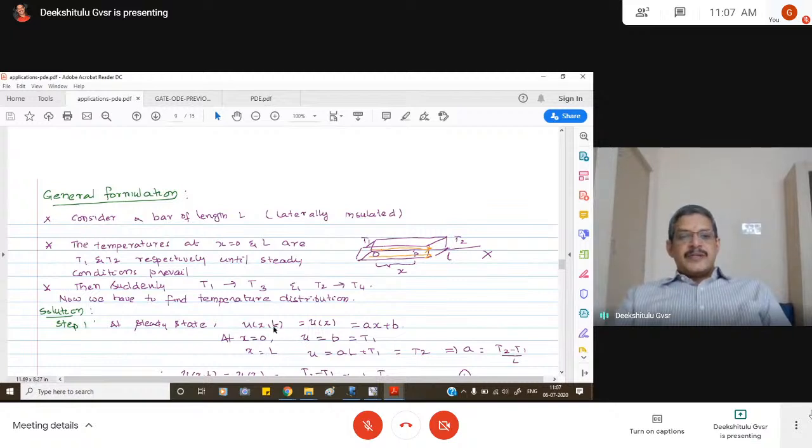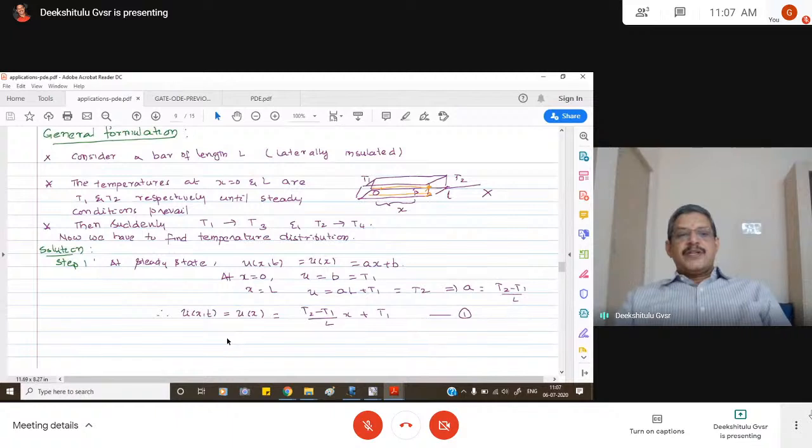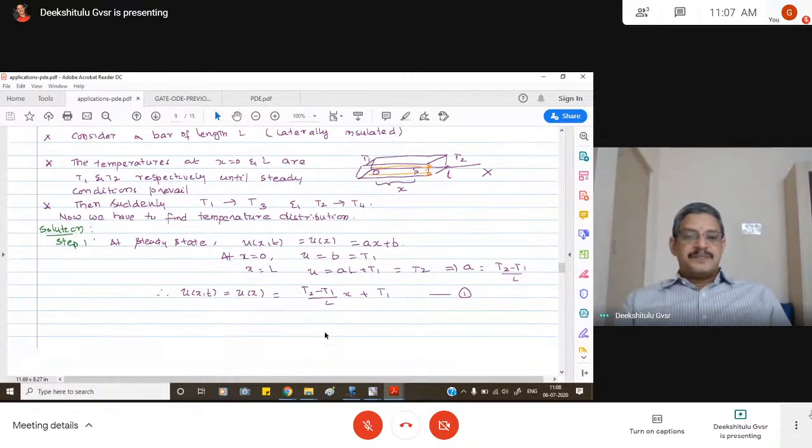At x = L, the temperature is T2. So putting x = L, aL + T1 = T2, which implies a = (T2 − T1)/L. So your steady state solution is u = ((T2 − T1)/L)x + T1. This is the first step.